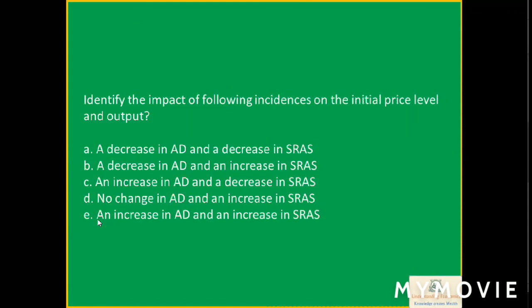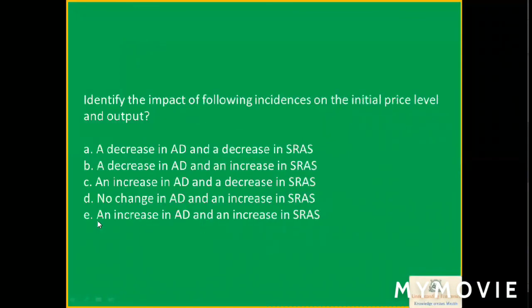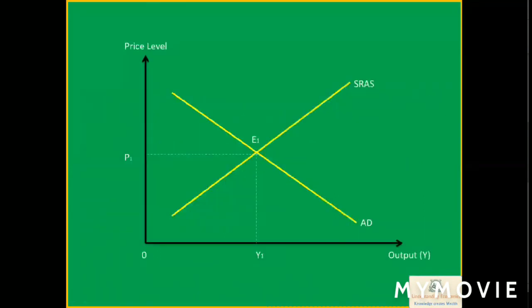In the last scenario, it is said there is an increase in aggregate demand, which means the aggregate demand curve will shift to the right, and there is also an increase in the aggregate supply. So the aggregate supply curve will also shift to the right. So let us see.